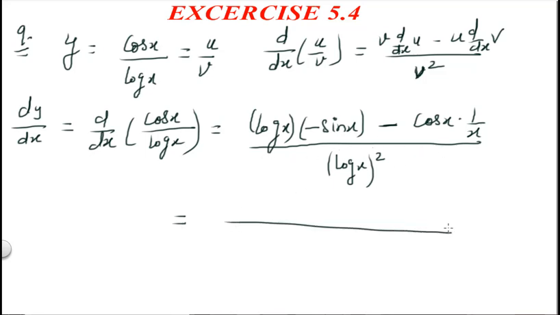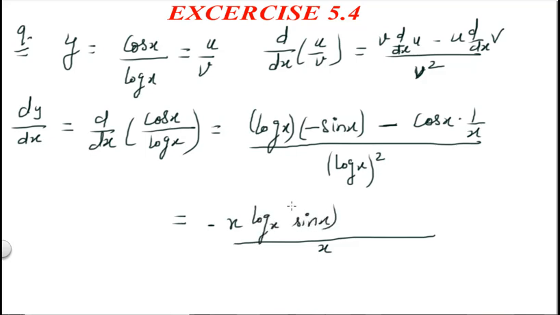So if we take the LCM as x, what do we get? x minus x log x into sin x minus cos x, divided by log of x whole square.